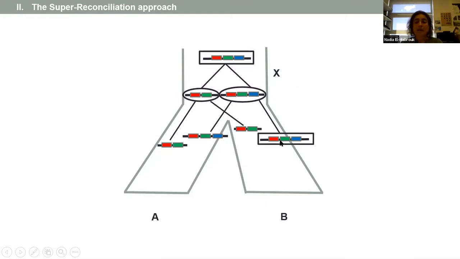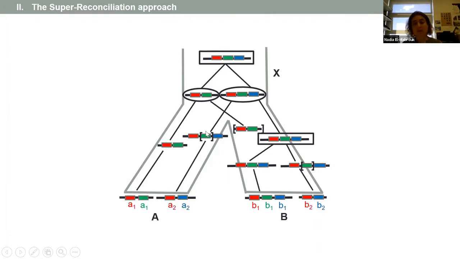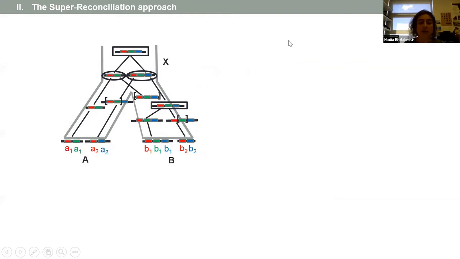And then this segment here is also duplicated, and then we have the segmental losses here, which give rise at the end to this organization here in A, so 2 syntenies in A and 2 syntenies in B. So this is the true evolutionary history.